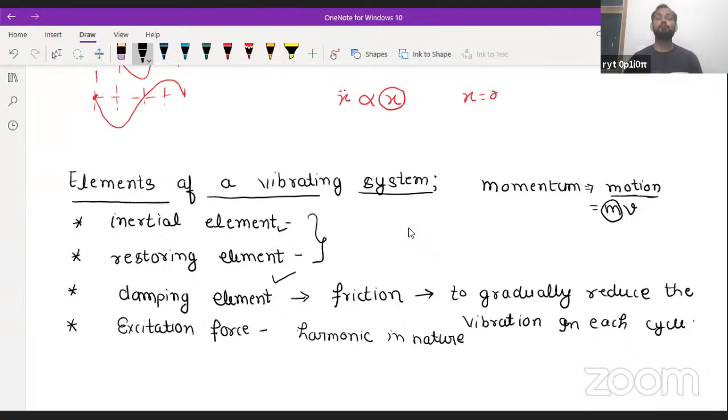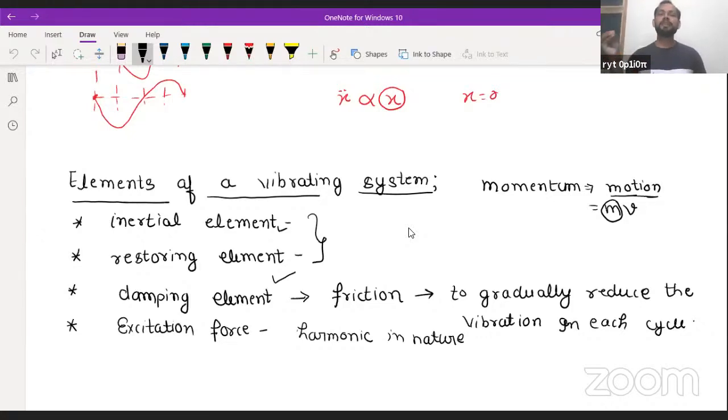As you know, wind load is a type of harmonic force, or a type of dynamic load. Why? Because at each instant of time, either its magnitude changes or its direction changes. That's why, corresponding to the wind load, our system vibrates. Otherwise, what will happen if you apply a static load?